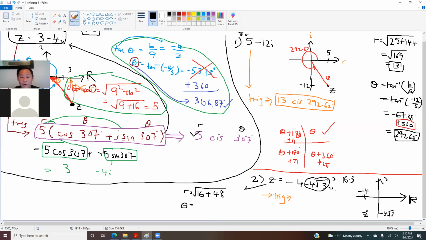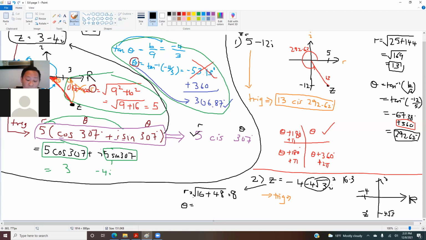That's why you got 48. And what is 16 plus 48? 64. And that is a perfect square of 8. So make sure you guys know how to do this kind of squaring.